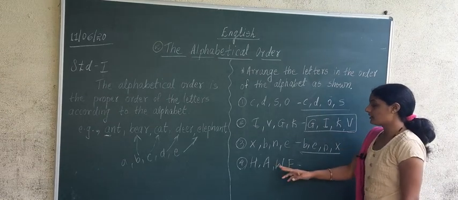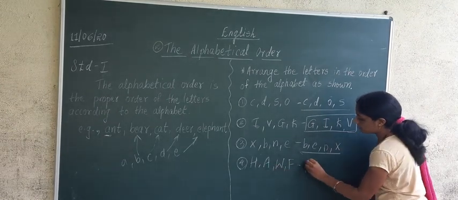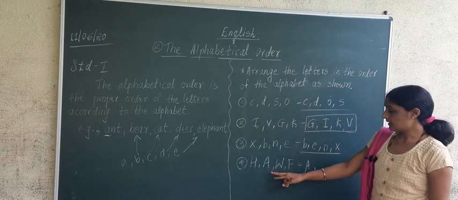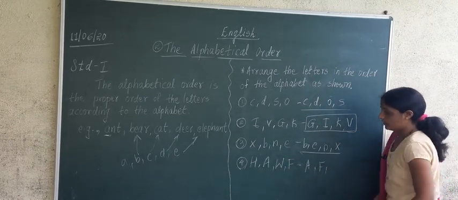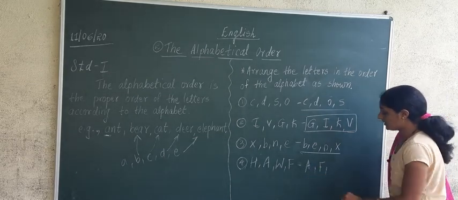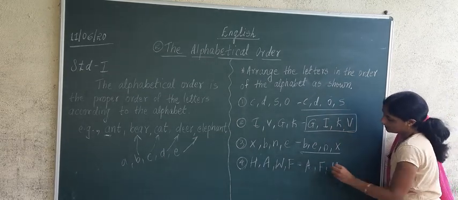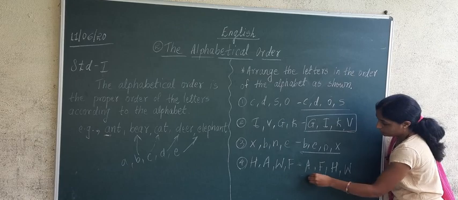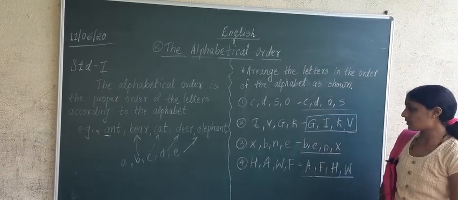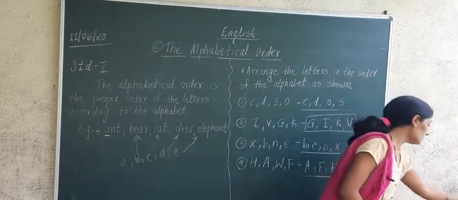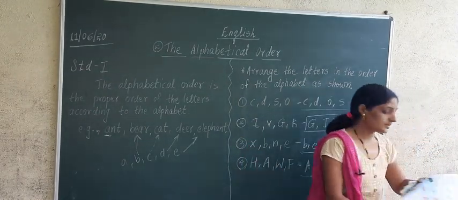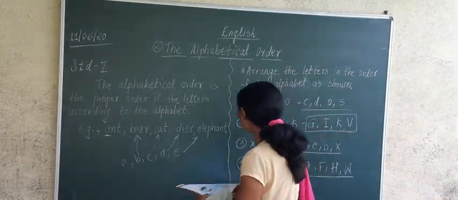Now here we will start. A is first. B, C, D, E, F, G, H. H is there. And the last one is W. So this is the correct sequence of letters. Right? Now the next example, four are over, the fifth one.